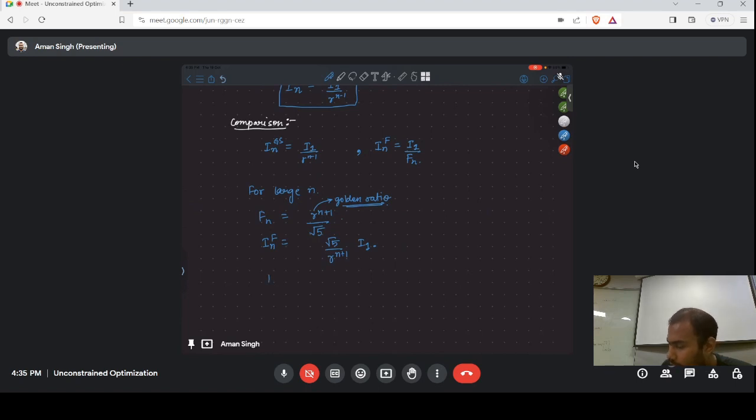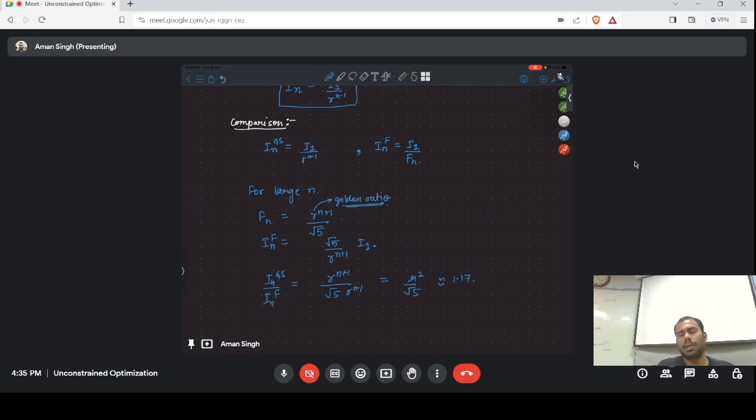Now if we compare In of golden section search and In of Fibonacci search, the ratio comes out to be r to the power n minus 1 upon root 5, which comes out to be r square by root 5, around 1.17.